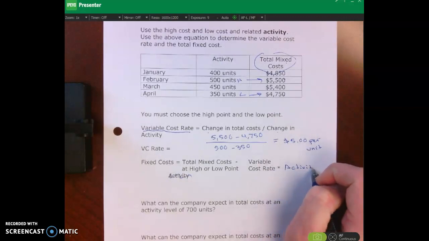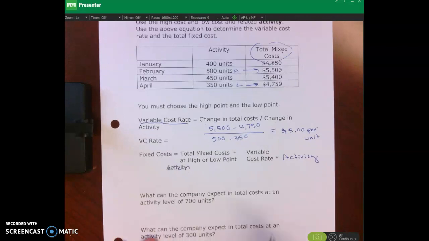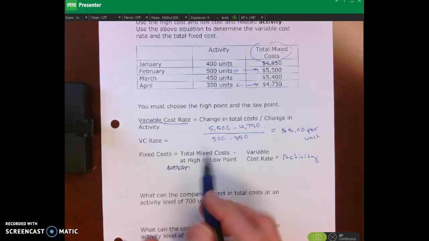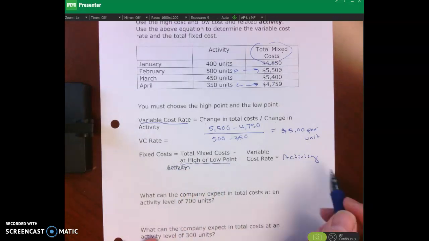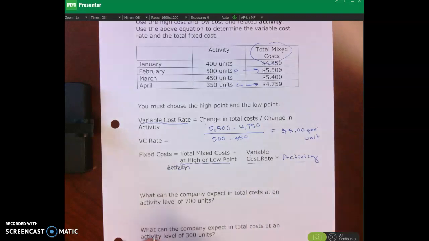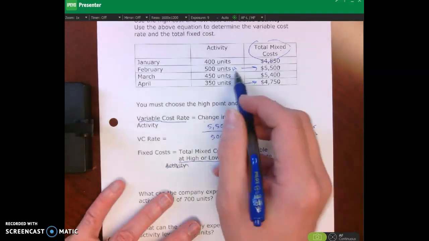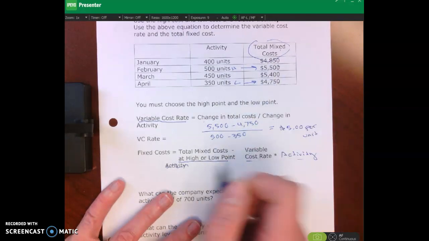All right. So now we have to figure out what our fixed costs will be. The way that we can do this is we can choose our total mixed cost at either our high or low point minus our variable cost times our activity. So let's go ahead and choose our high level. Our cost at the high level is 5,500.